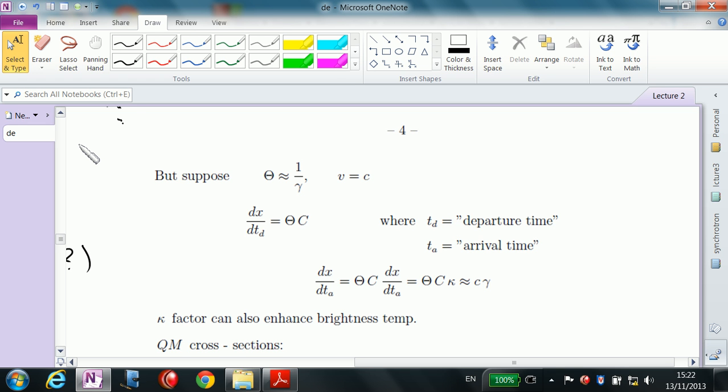Well, that should be obvious, right? The arguments about energy density, photons being greater than that of the field. So that set a limit on the brightness temperature in the frame of the plasma.